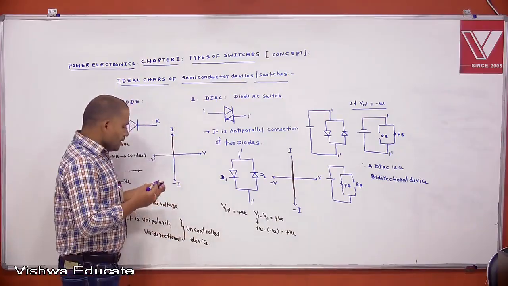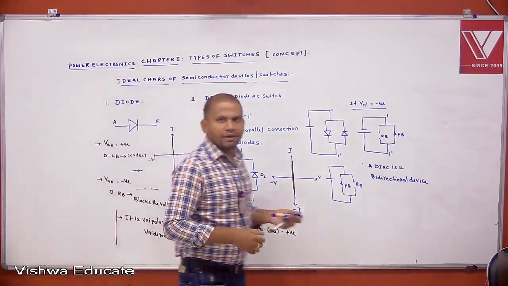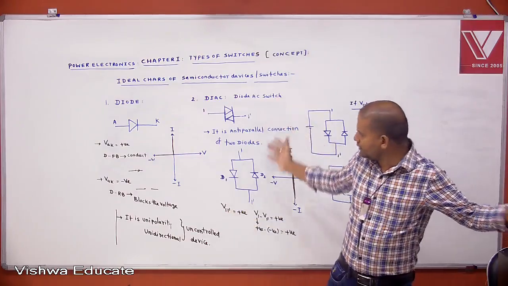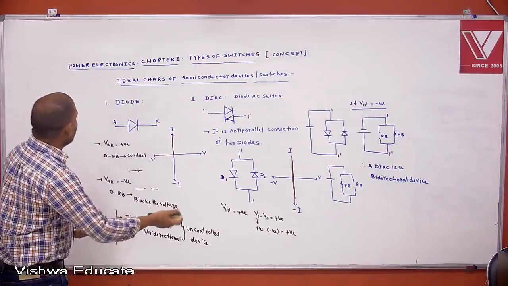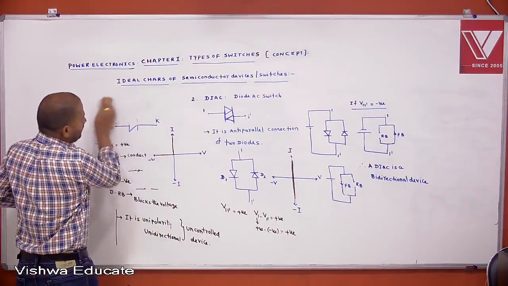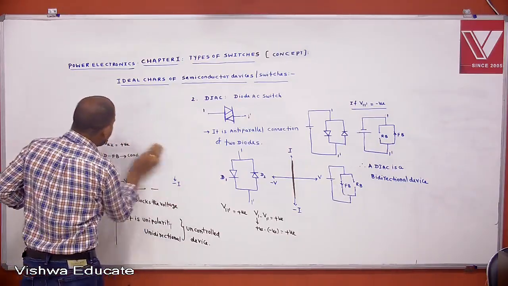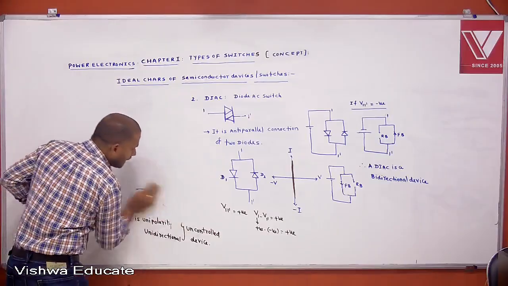Okay. Now we'll see another device. I think you note this down. Then we go for another semiconductor device. What are the ideal characteristics?